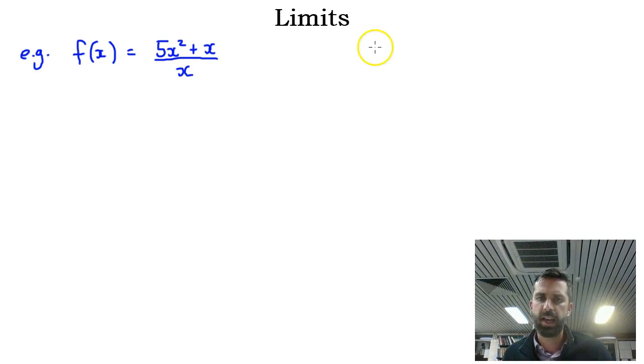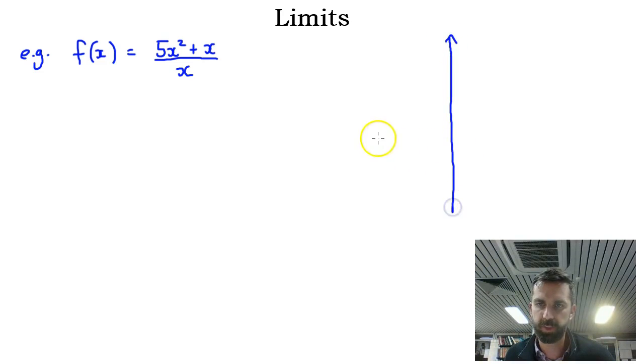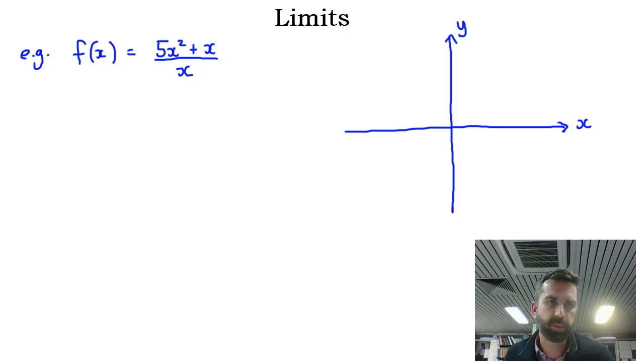If you graphed that function, and you can do that right now on Desmos or your graphics calculator, you would find it looks something like this. If this is the x and y axes, this particular function is a straight line, and it passes through -5 and 5.